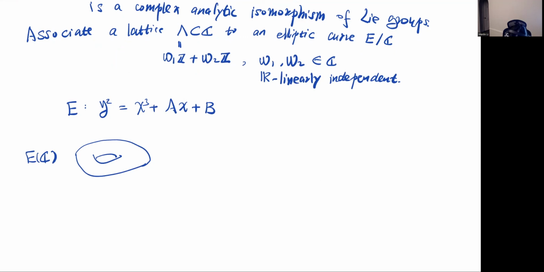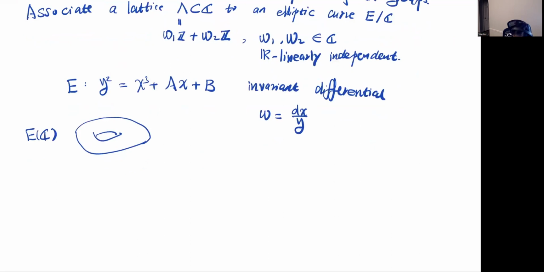So recall that I have an invariant differential called omega, which is given by dx over y, associated to my Weierstrass equation, right? Okay, and if I think about my torus, I can also think about its simple closed loops.